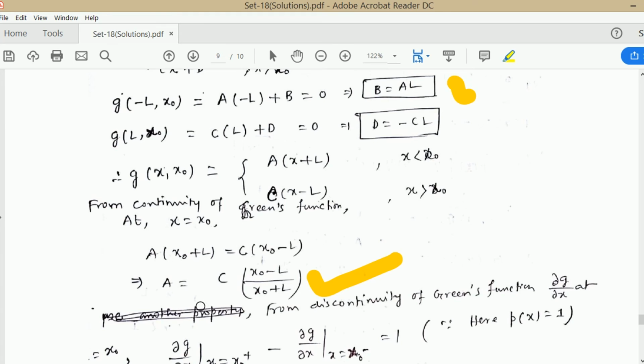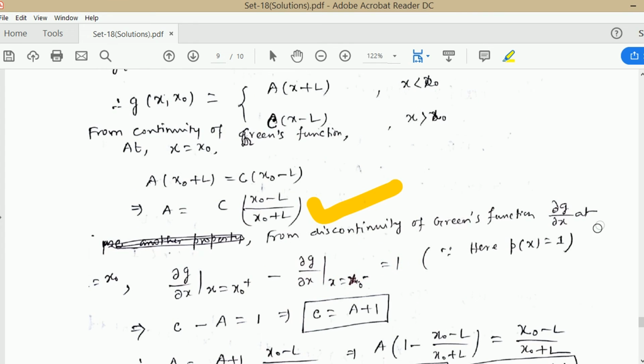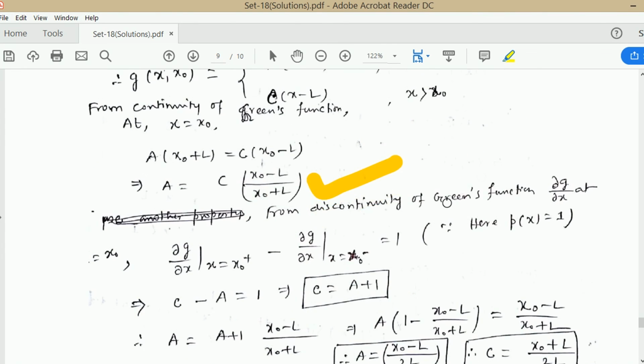So we have written one constant in terms of the other. Now we have to find another constant, so we need another condition. From the discontinuity of the derivative of the Green's function dG/dx at this point x naught, dG/dx at x equal to x naught plus minus dG/dx at x equal to x naught minus equals 1.